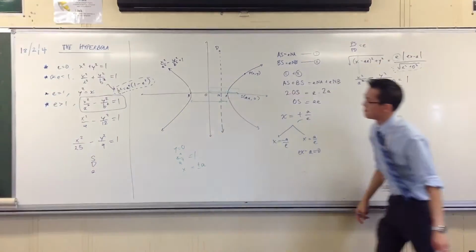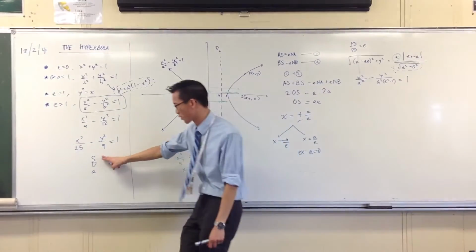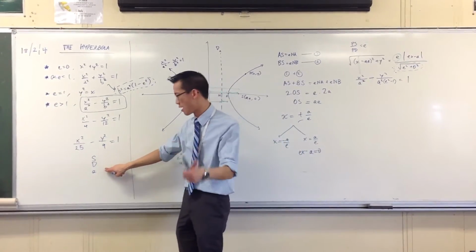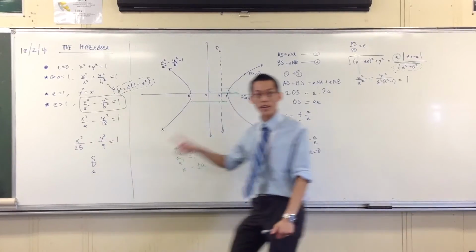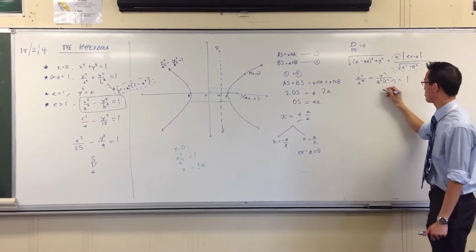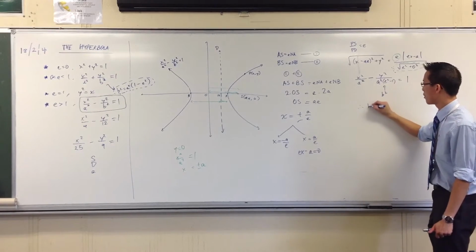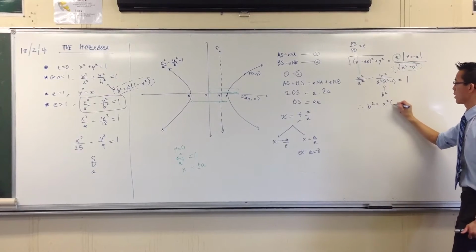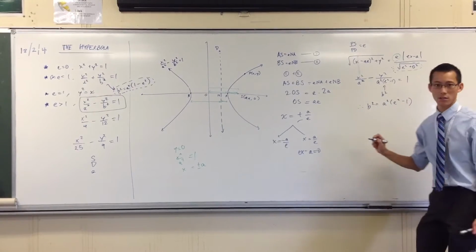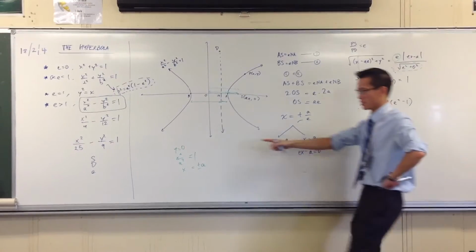Now, you did a good job getting the focus. That was fine. Getting the directrix, fine. Eccentricity, we can work out using this relationship here, namely that's b squared. So for hyperbola, we would write this: a squared (e squared minus 1). So we can work out the eccentricity for this if we wanted to.